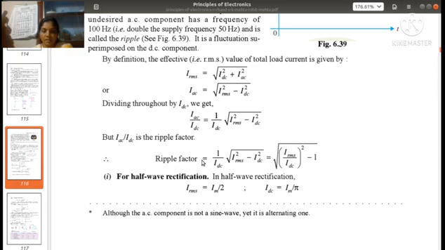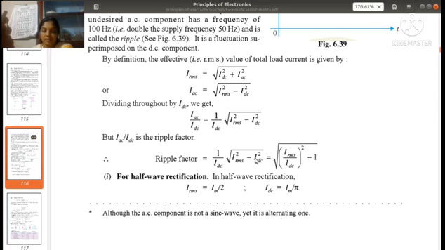So the ripple factor can be written as 1 by IDC into square root of IRMS square minus IDC square, and this can be written as the square root of (IRMS by IDC) whole square minus 1.